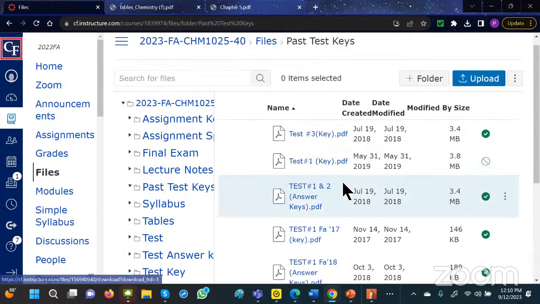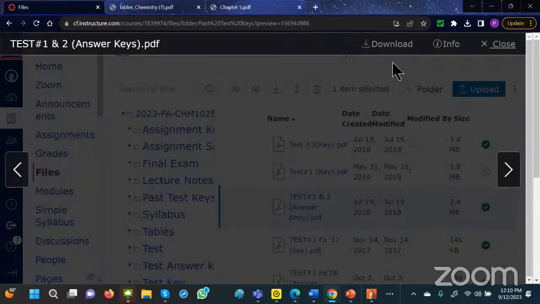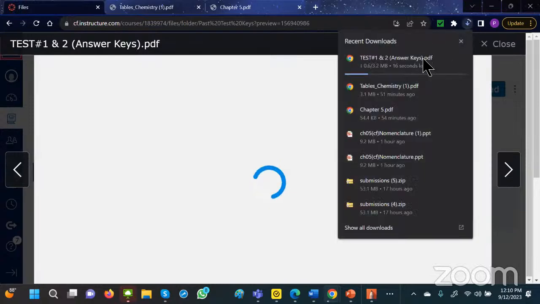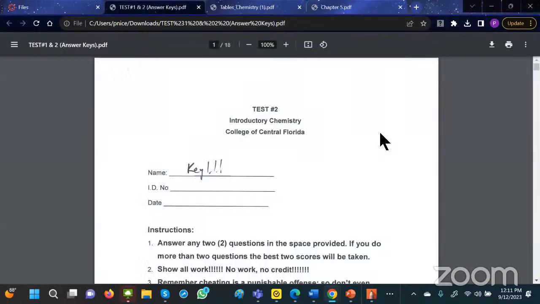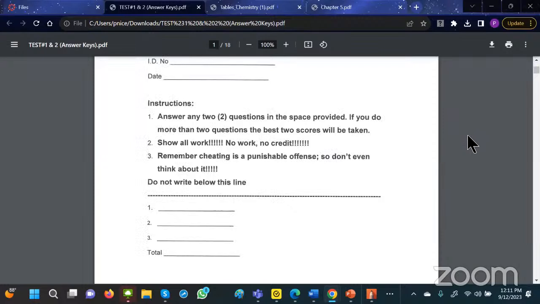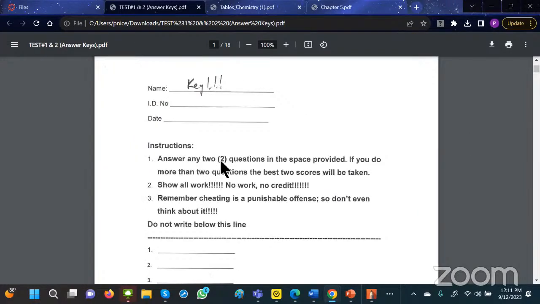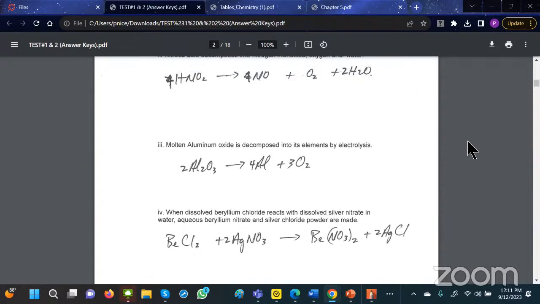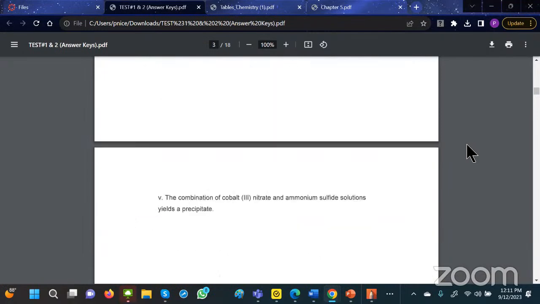So this is test 1 and 2 from some time ago, back in 2018. So here it is. Well, back then I used to make students answer 2 questions, but now I just say all questions. And these are some topics that you may not have covered yet.